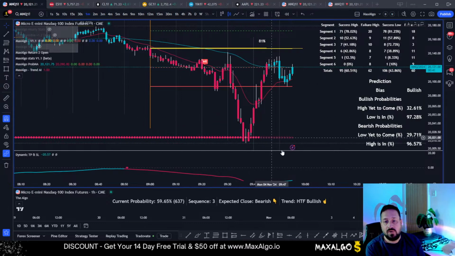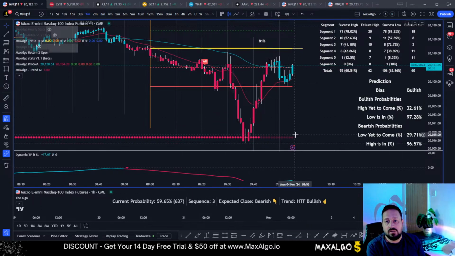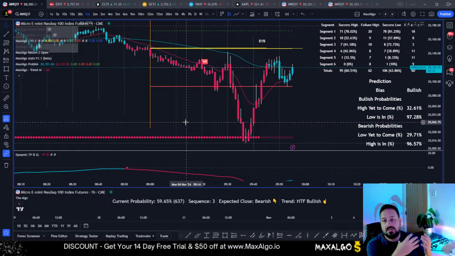For example, if we're bullish on the higher time frame, we can't flip the higher time frame until we go bearish. So we go bearish, then we start flipping the higher time frame.